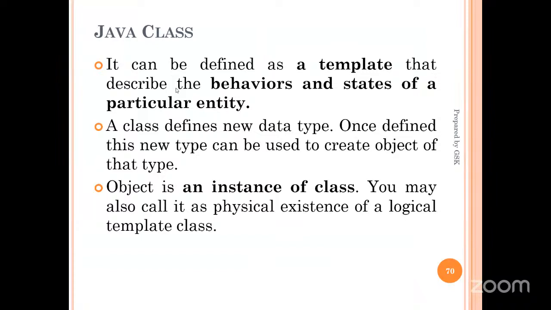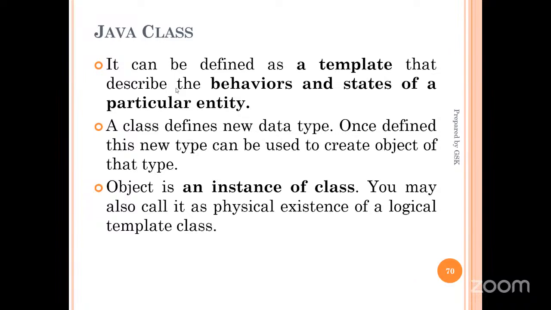Now, generally, a class is used to store the behaviors and states of a particular entity. Suppose I have one object, let us say a dog. Every dog has some properties, right? For example, size, weight, number of legs, obviously four, and color.